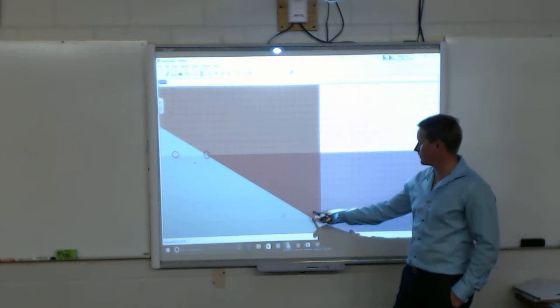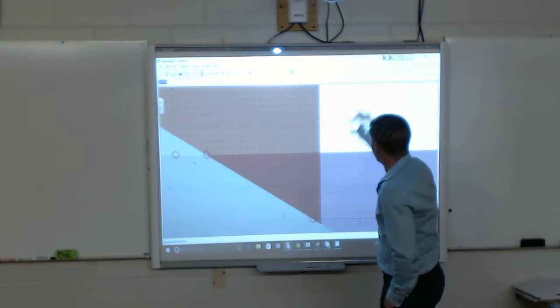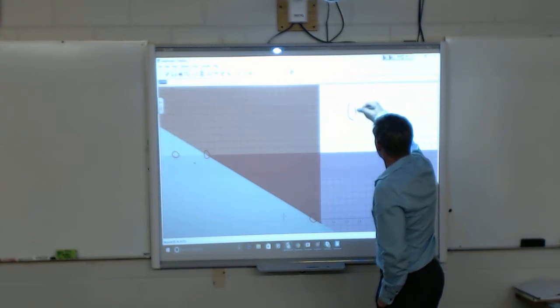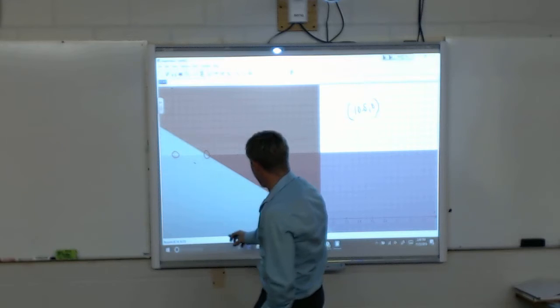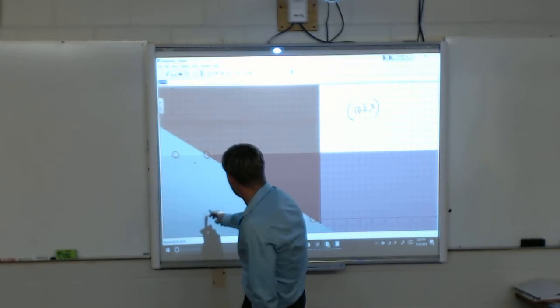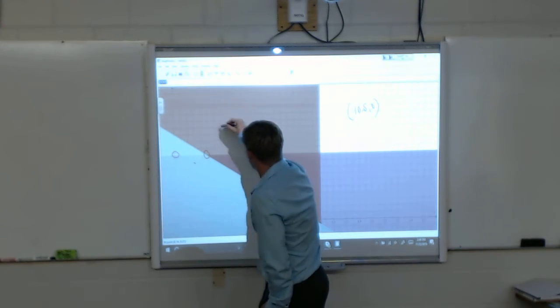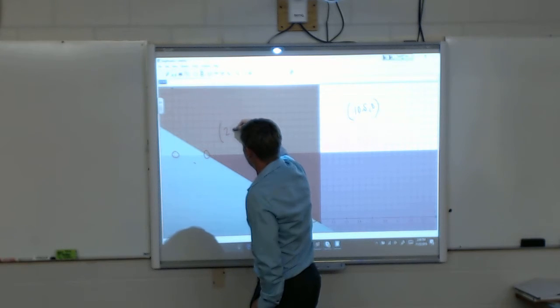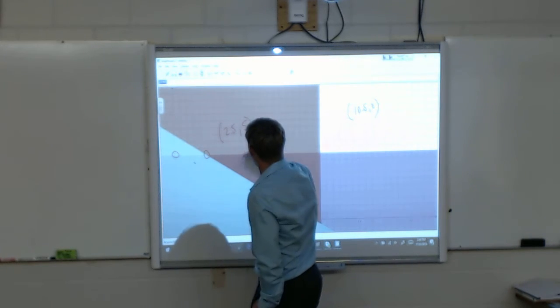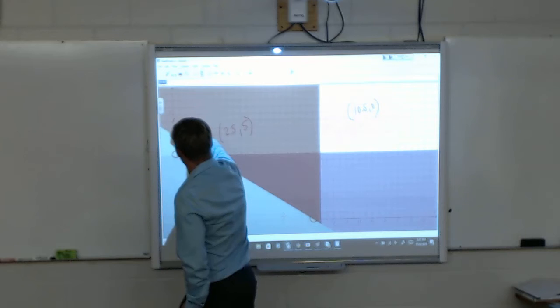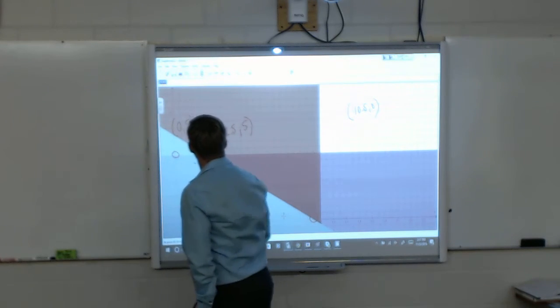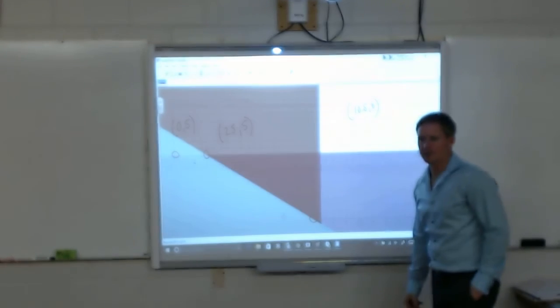I would take these 3 coordinates. So this guy right here looks like 10.5 and 0. This guy right here is 2.5 and 5, right? Yeah. 2.5 and 5, not the one, 0 and 5. So those are my 3 coordinates.